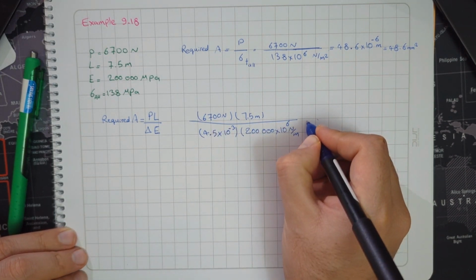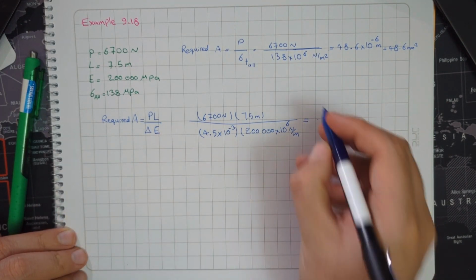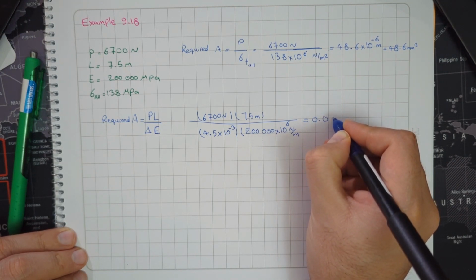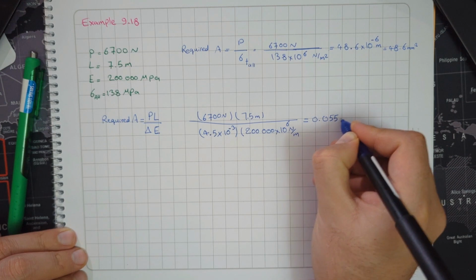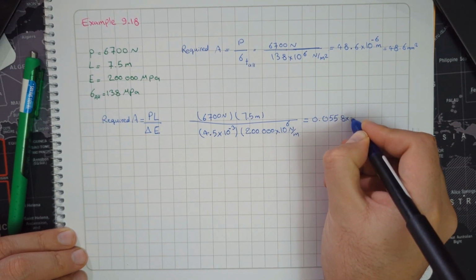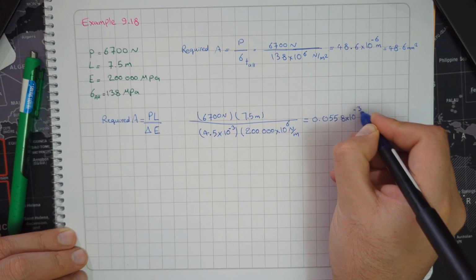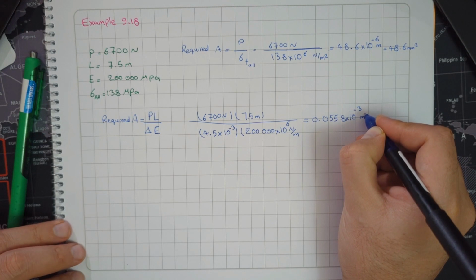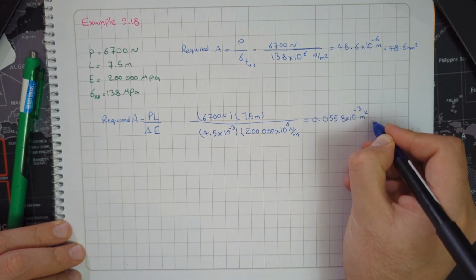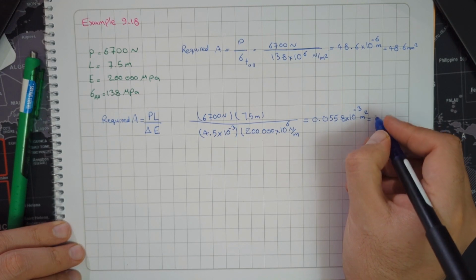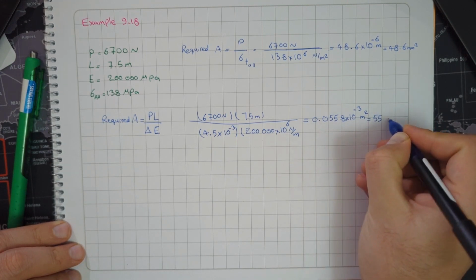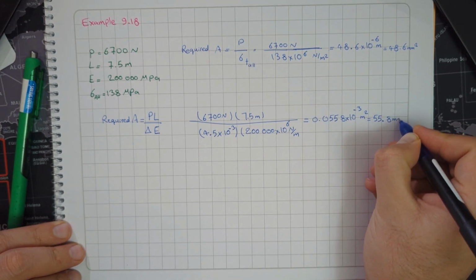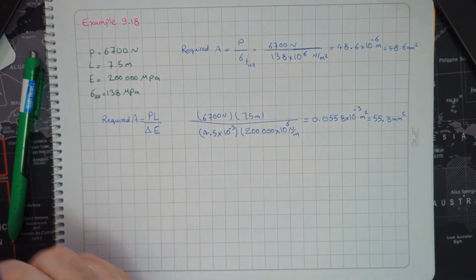Right. And A is 0.0558 times 10 to the power of minus 3 square meter, or we can call it 55.8 meters square. All right.